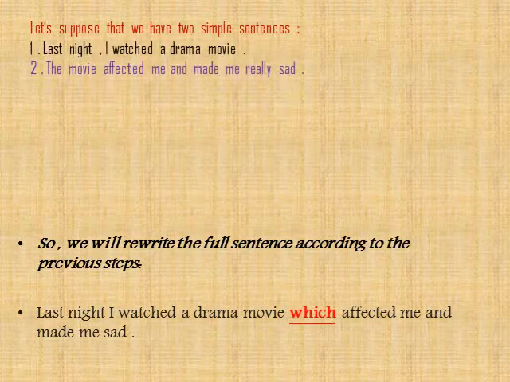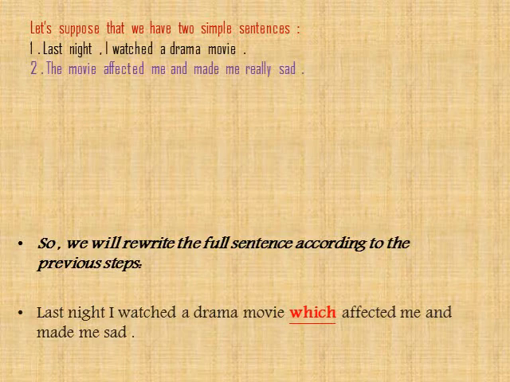Let's suppose that we have two simple sentences. The first sentence, last night I watched a drama movie. The second sentence, the movie affected me and made me really sad.